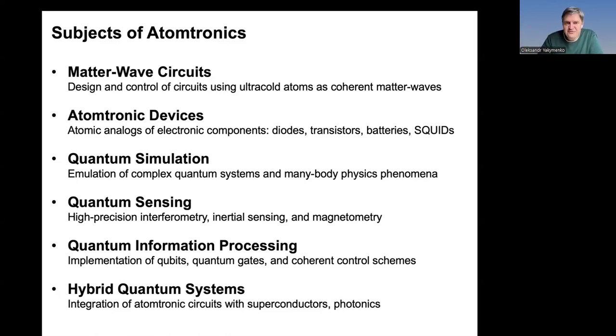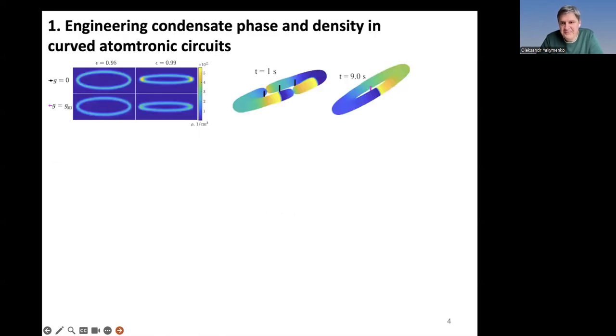So just to mention that this is a very developed subject, and of course I'm not able to overview all of it, but I will focus on some problems which I was involved in during the last years, and this is the outline of my talk today.